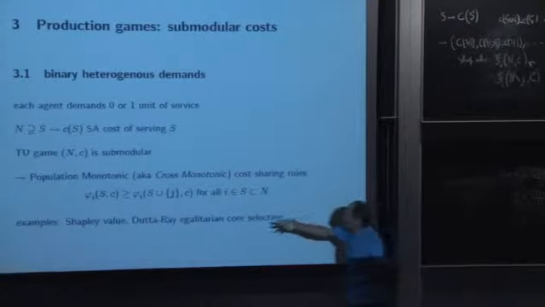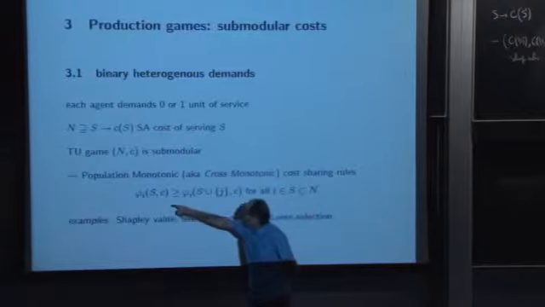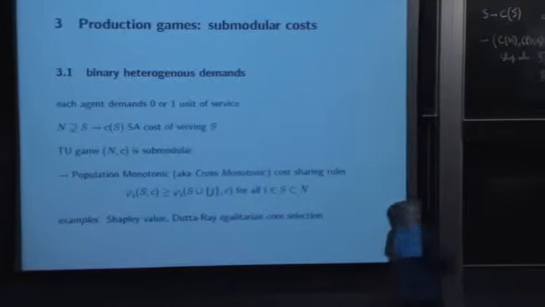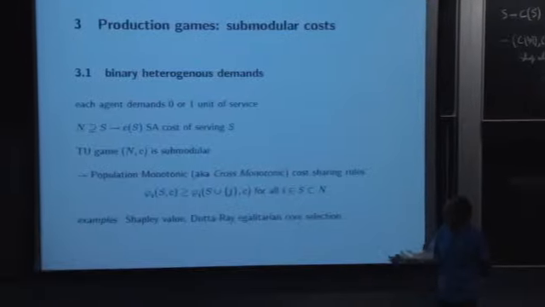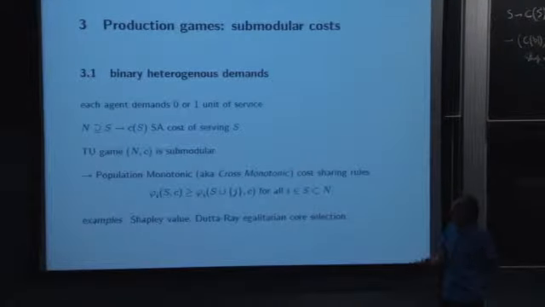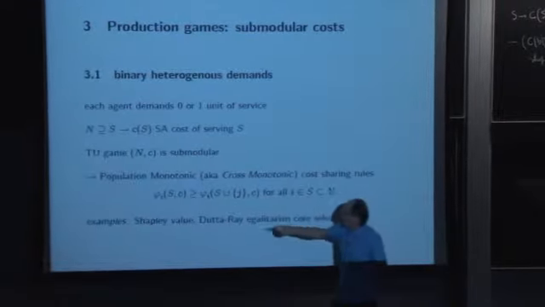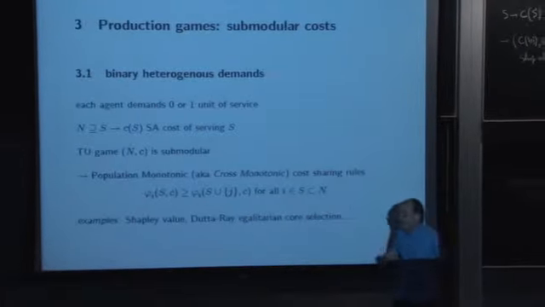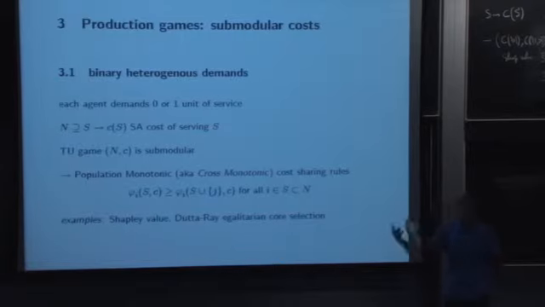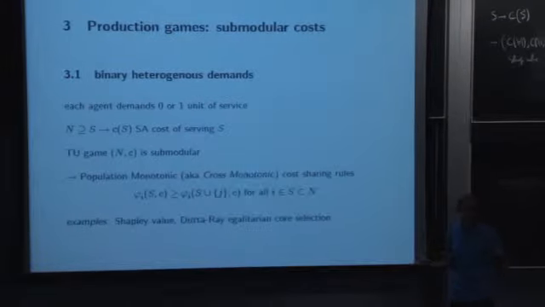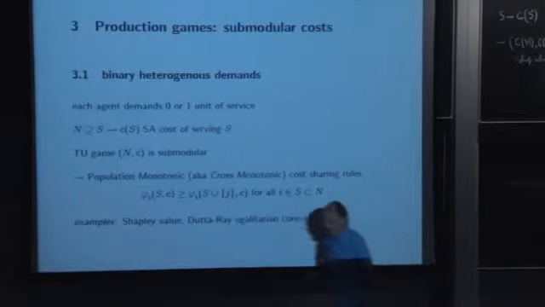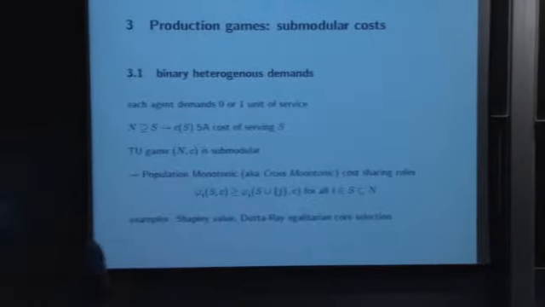It means, I repeat, that when only a subset S of users is served, and you are one of them, your cost share is at least as large as when an extra user joins. And as before, we have these two examples, Shapley value and others are possible.